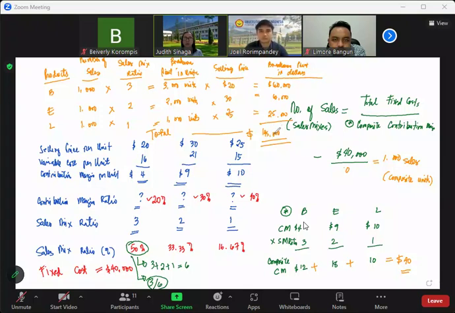Now, how do you interpret this? So for the six, you have the sales mix ratio. These are now the break-even point in units. So you have to sell 3,000 for product B, 2,000 for product E, and product L, 1,000.